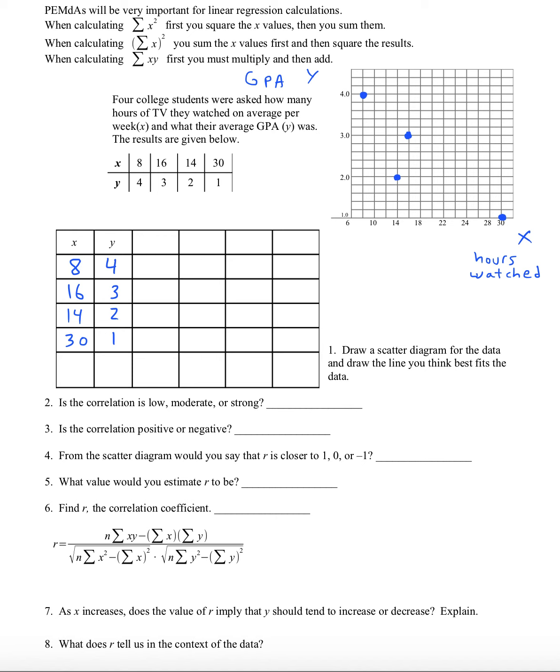Do you think the correlation here is going to be low, moderate, or strong? Well, there's some kind of best fit line that goes through the data. And all the dots can't possibly be on that line. There's deviations from it. So, I might guess moderate to strong.